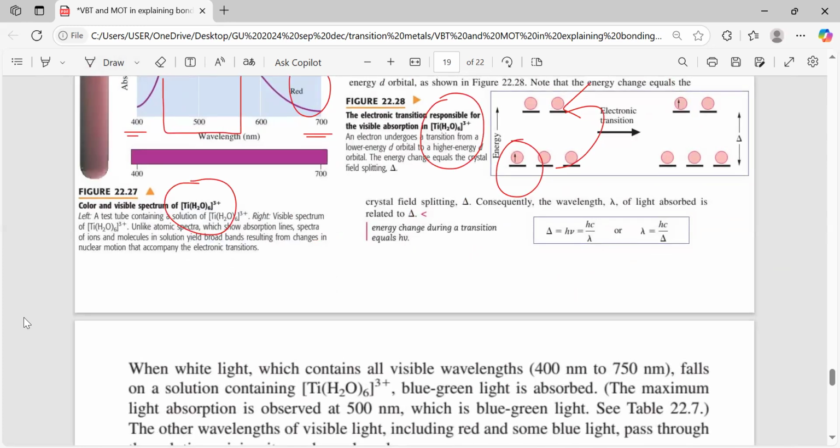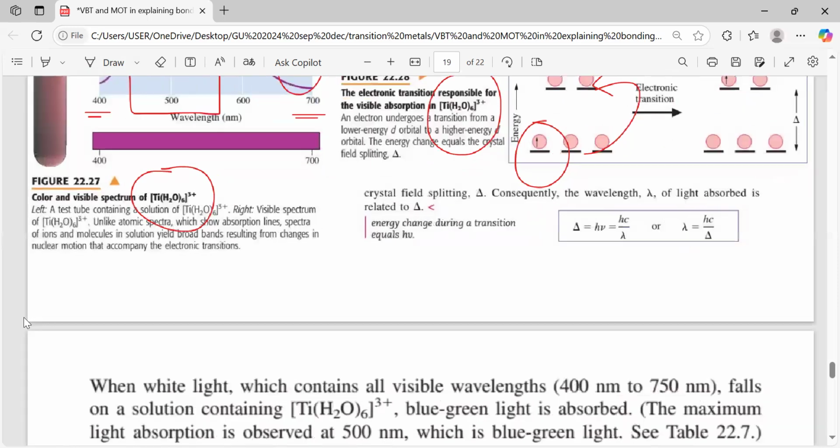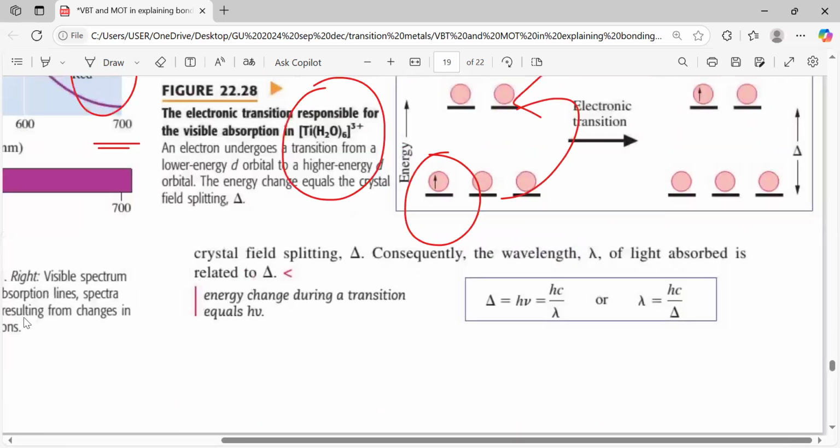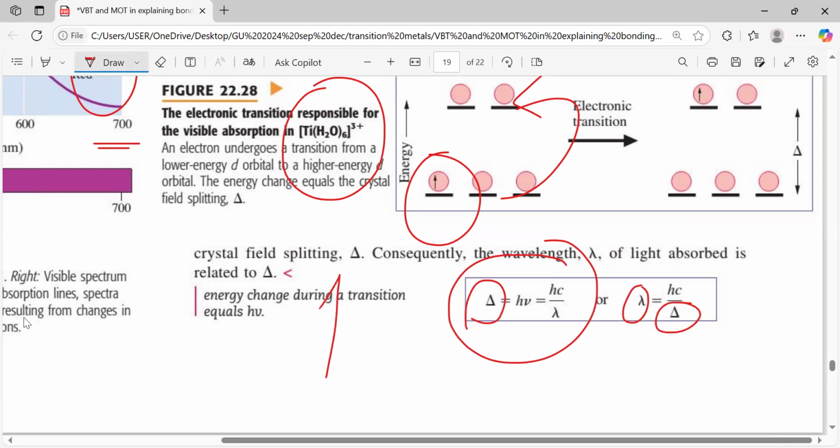And we are told the crystal field splitting, that is delta, can consequently be related to the light in this equation. Okay, and we can look at it like this: this gap is related to light, and that gap is inverse to the wavelength. So if the gap is huge, like that, what does it mean?